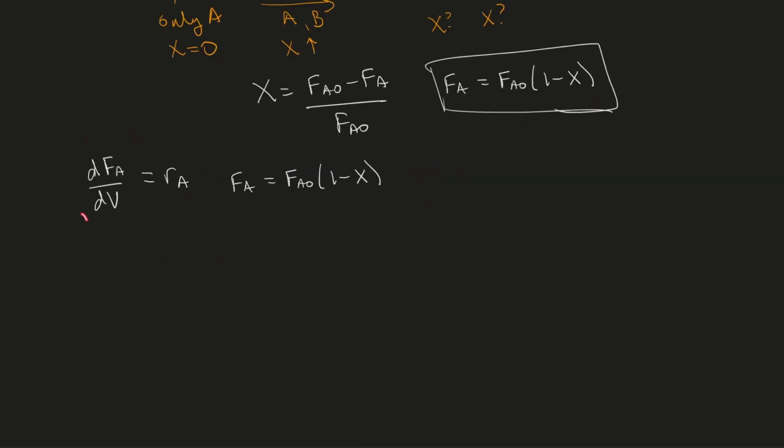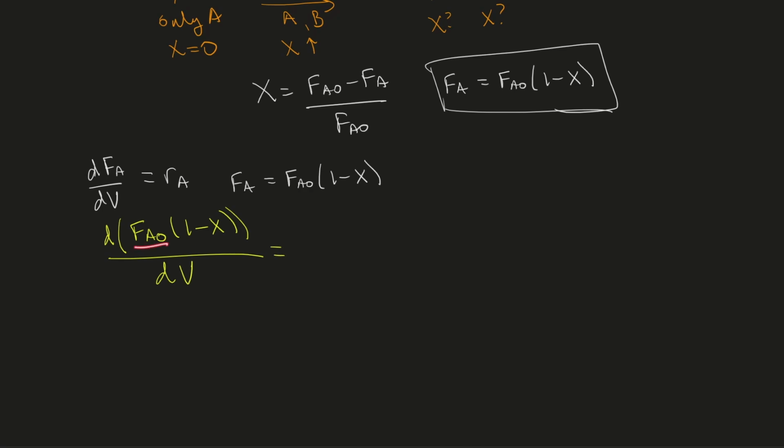Now that we have our design equation right here and this equation for flow rates in terms of conversion, let's try to solve for a differential equation in terms of conversion. So if we plug this in, d(FA0 times (1 minus X))/dV.